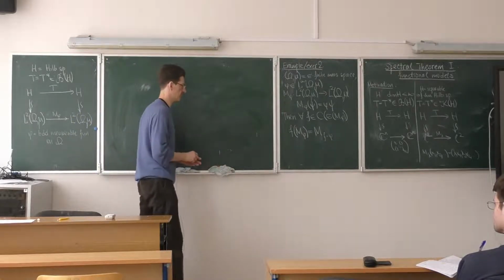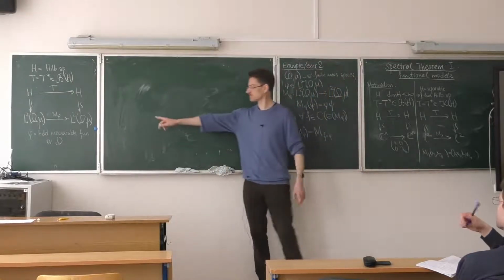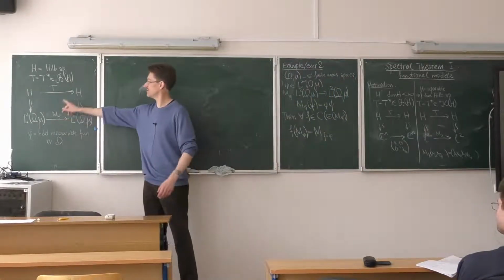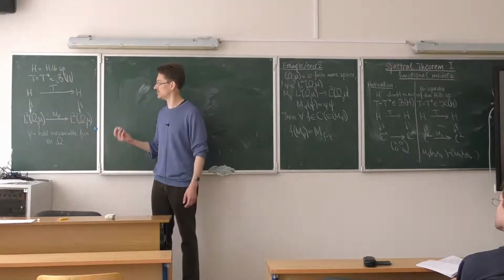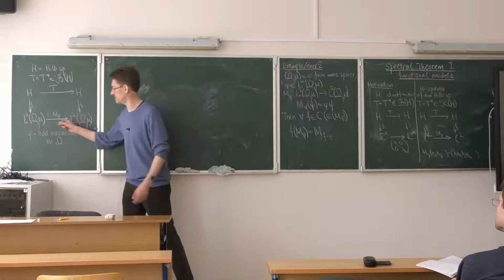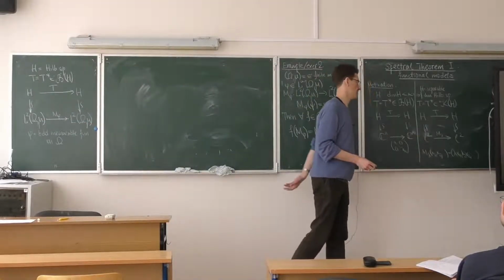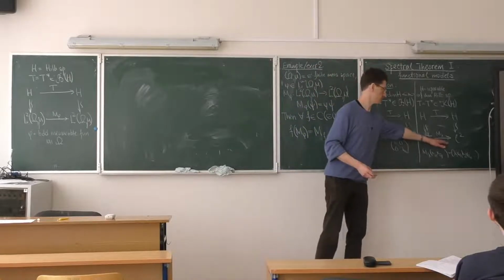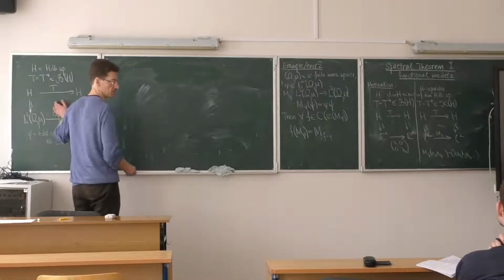We'll not do it explicitly, but this is a useful exercise. That is, if T is of this form, and if we assume that H is separable and T is compact, then the big L2 space reduces to the little L2 space, and the multiplication operator reduces to the diagonal operator. Okay, so this is our goal.